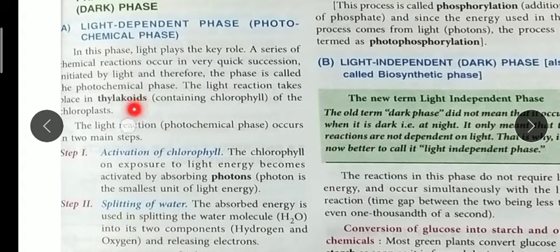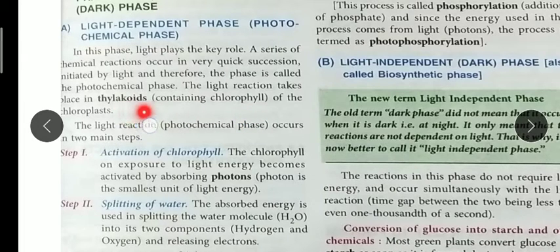I have already explained you the structure of thylakoid. Thylakoid is a part of the chloroplast. These are flattened sacs, and the pile of thylakoids is called granum. So you can also remember that the light reaction takes place in the thylakoid or the granum area of the chloroplast.